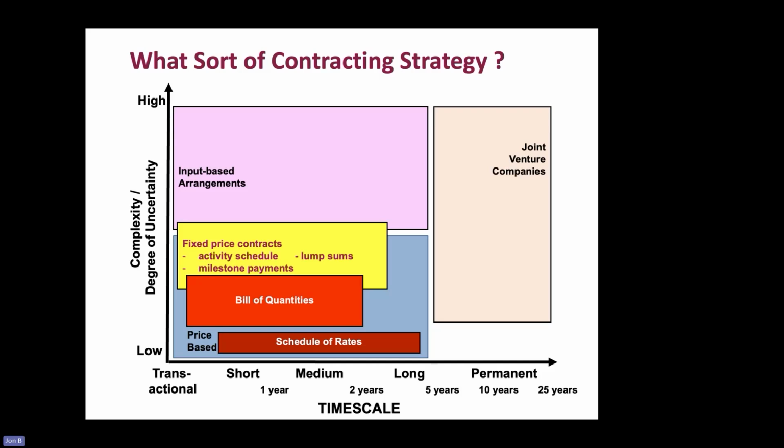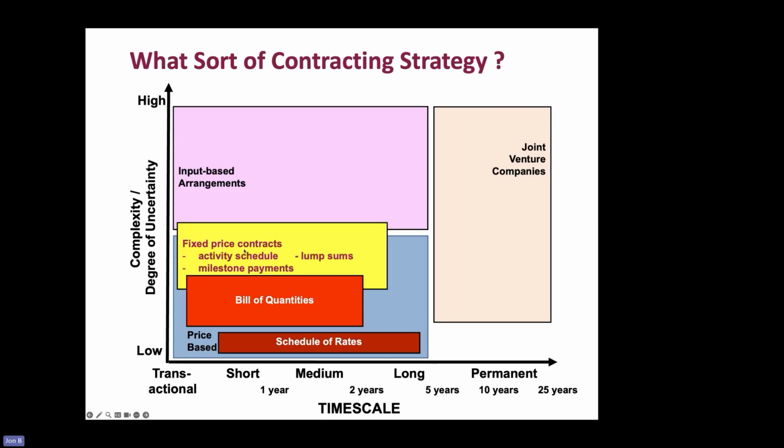Doing this has a standard rate in the schedule of rates. If I instruct you to do 10 of this, I get paid 10 times whatever I've priced for that in the schedule of rates. So with a bill of quantities, the contractor finds they're doing more or less work than in the bill of quantities. With a schedule of rates, typically the work is instructed.